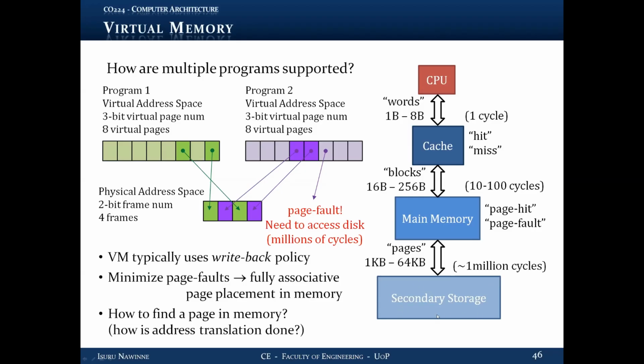So what we're trying to do here is minimize the number of accesses made to the secondary storage. Disk accesses should be minimized. So that is why write back is the policy used in virtual memory. Then we also would like to minimize page faults, right? Because if we have a page fault, that is when we have to go to the disk.